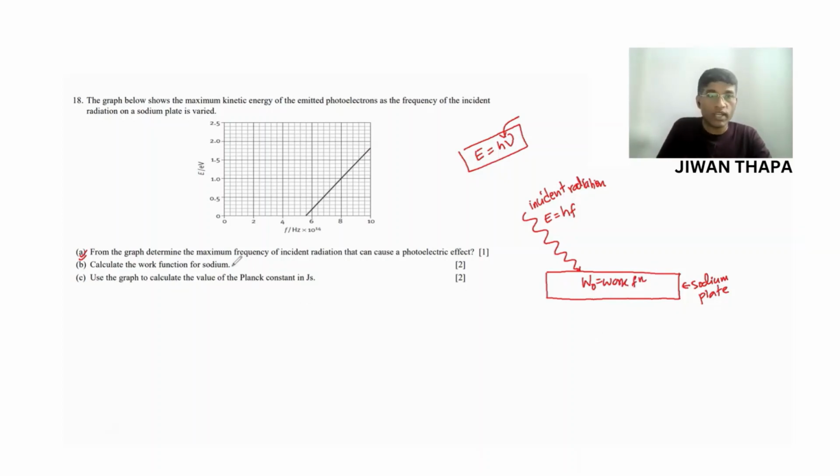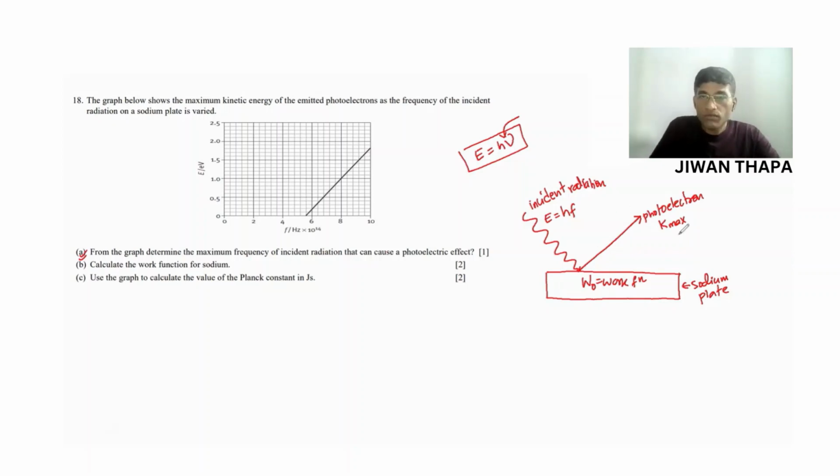We are asked to find the work function for sodium, and the remaining energy is taken by photoelectrons in the form of kinetic energy. So let the kinetic energy be Kmax. The electron takes the rest of the energy in the form of maximum kinetic energy.